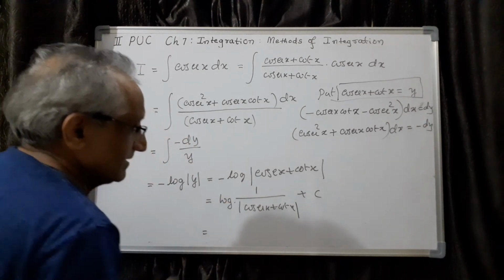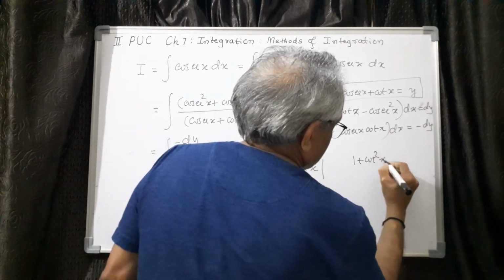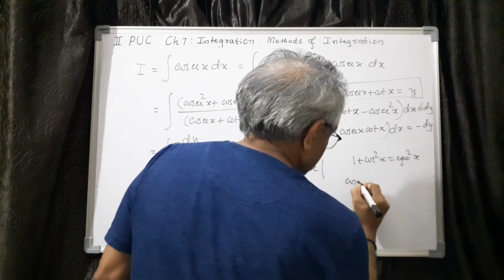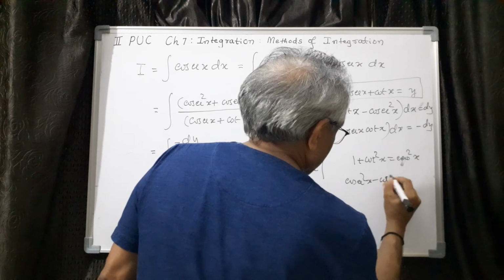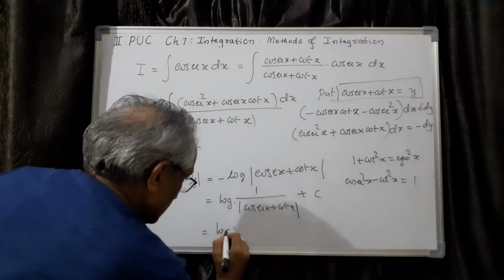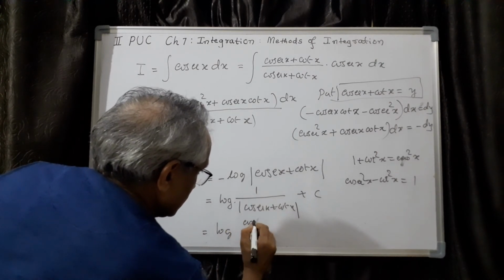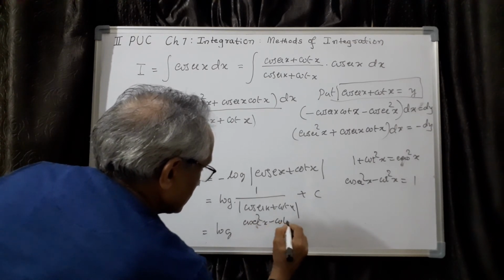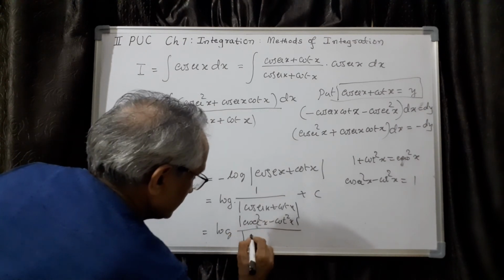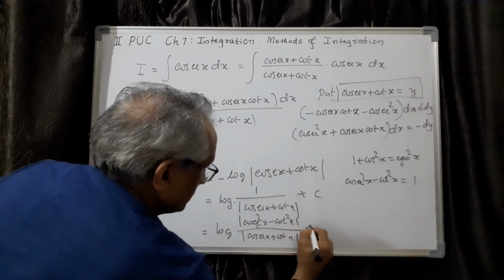See, you know this formula, 1 plus cot square x is cosecant square x. Therefore, cosecant square x minus cot square x equals 1. Therefore, in place of 1, I can write log of cosecant square x minus cot square x divided by cosecant x plus cot x, then plus c.